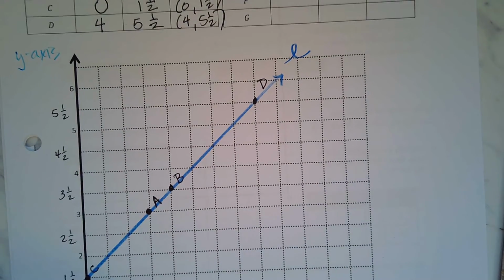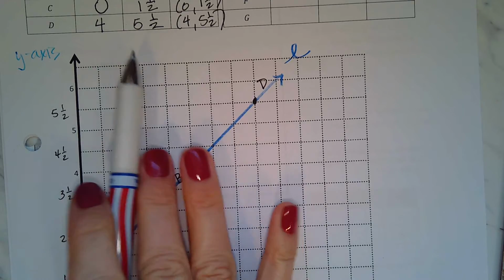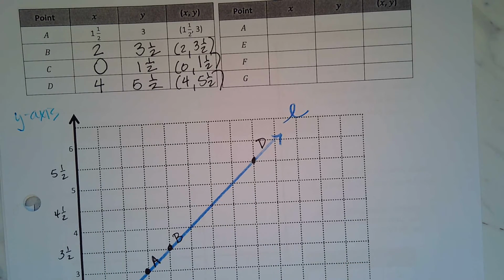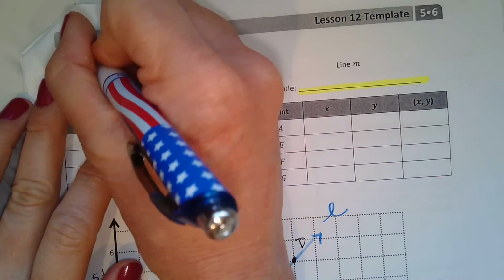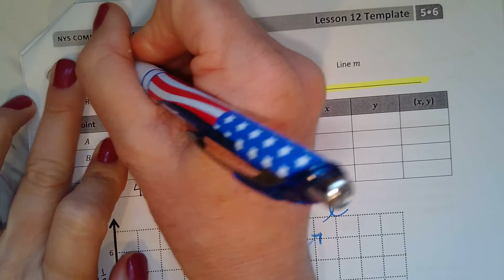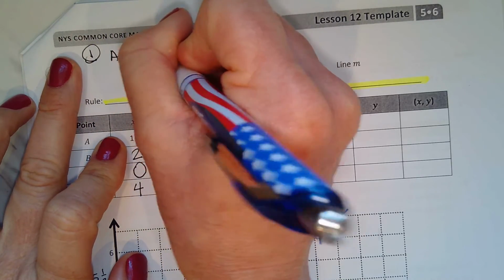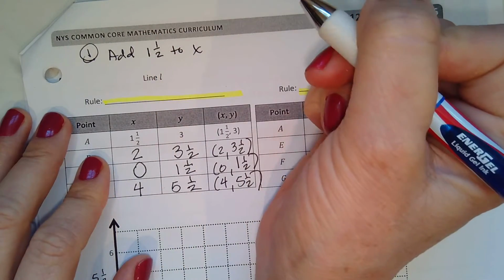So remember, what's our objective today? It's to create a rule to generate the number pattern. So we just created the number pattern, but what rule did we decide that we were going to give it? Okay, there are 3 different ways to write this rule. So number 1, you could say add 1.5 to x.